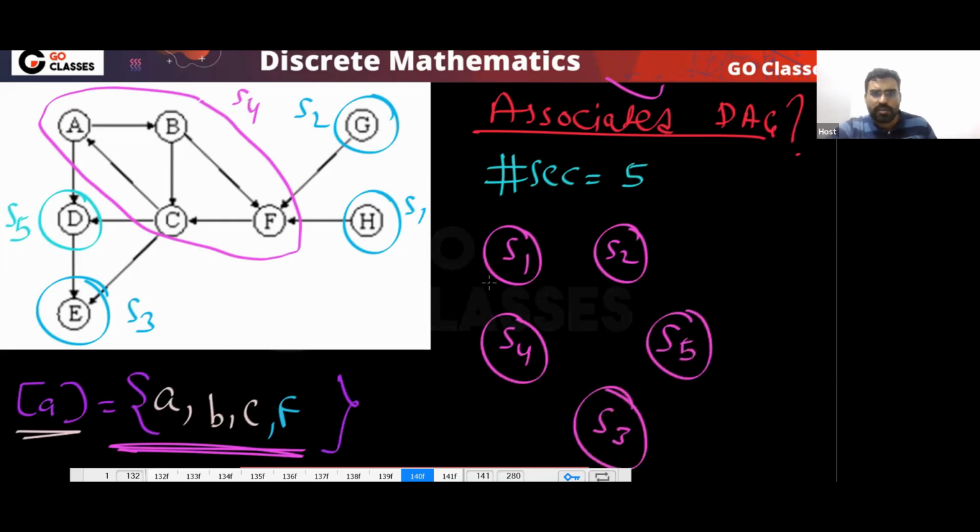You can notice an edge from S2 to S4, and from S1 to S4, from S4 to S5, from S4 to S3, and from S5 to S3. So this will be your graph, correct? Yes or no?